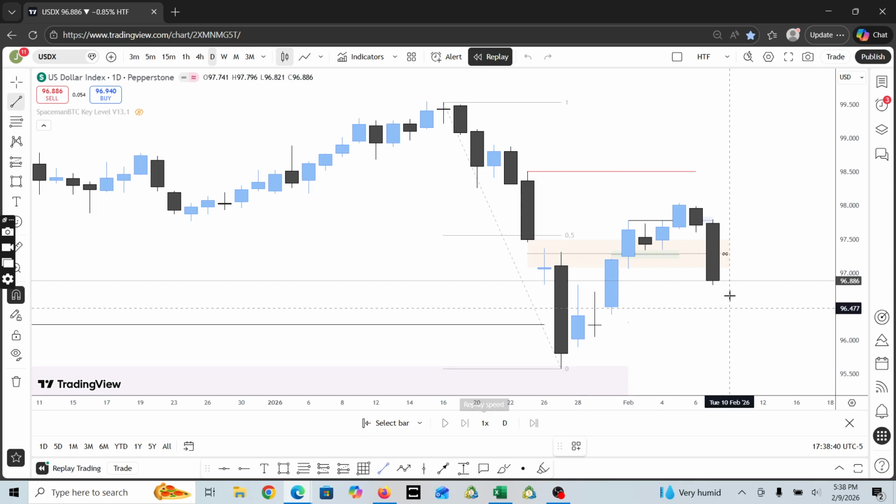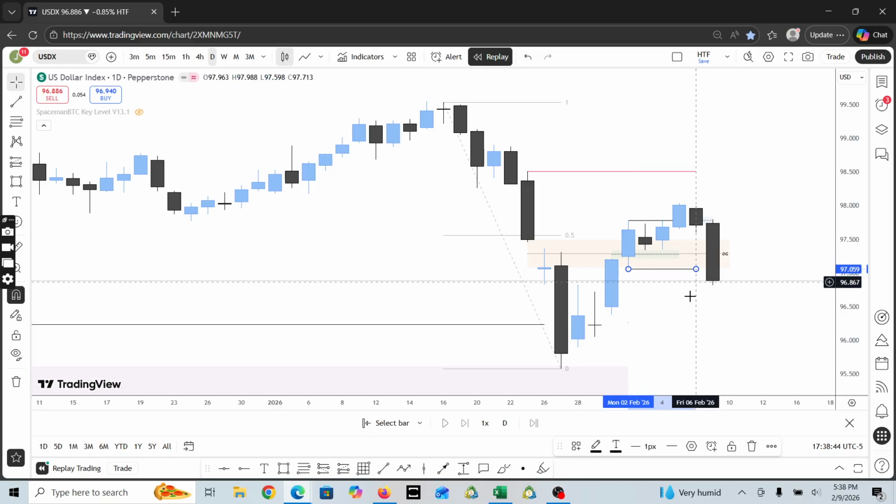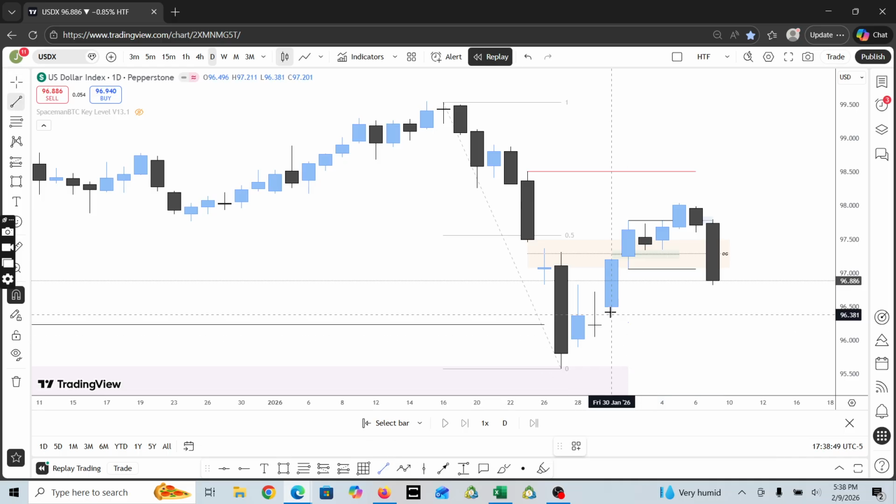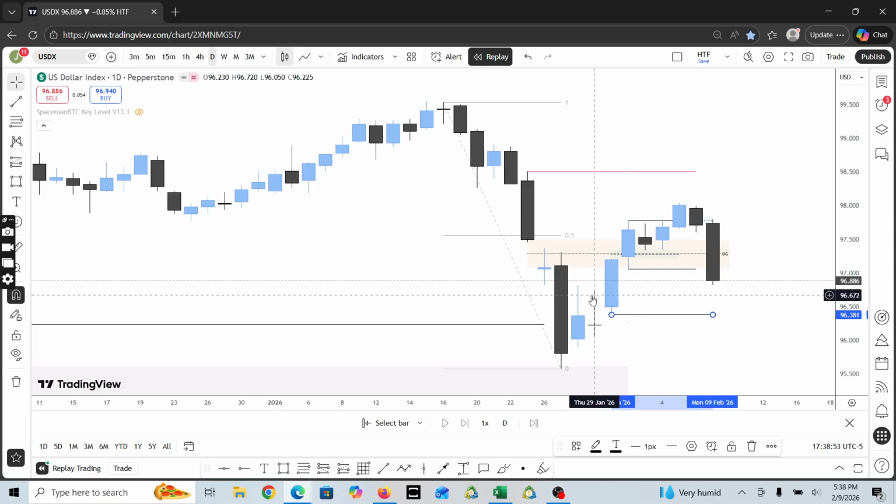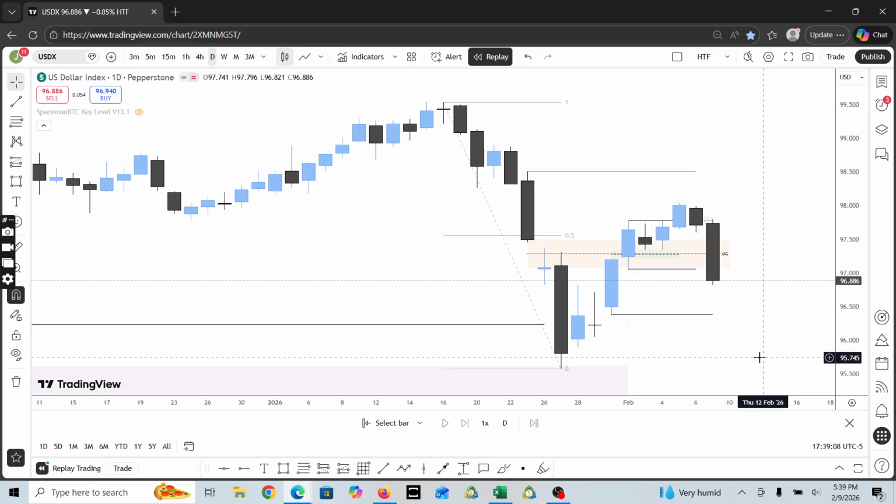In the meantime, this low here was one of our likely suspects, and this here another usual suspect, but only when price breaks below this inefficiency level. So this low, that low, that low, and ultimately the low here at 95.5.